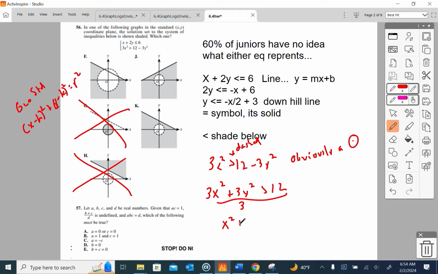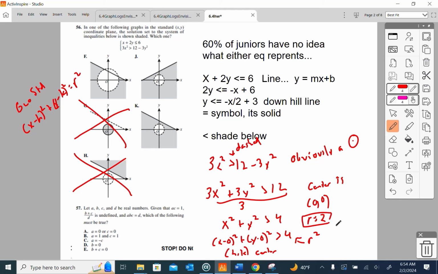This makes x squared plus y squared greater than 4. And this can be thought of as x minus 0 squared plus y minus 0 squared greater than 4. This gives me h, k, which is my center, and this is r squared. So the center of the circle is at 0, 0, which doesn't do me a lick of good, but the radius is 2.